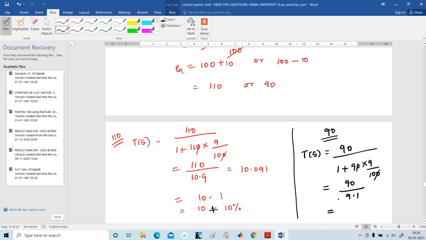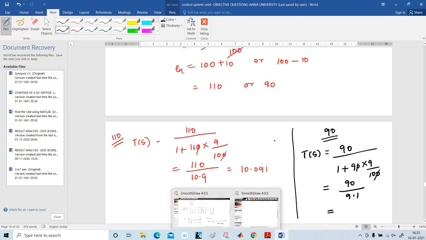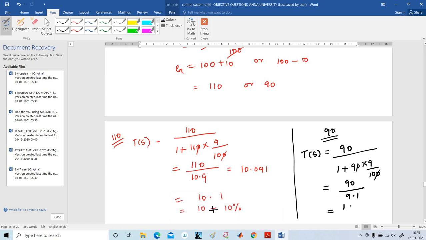I am going to find out using the calculator. 90 by 9.1. The answer is 9.89.